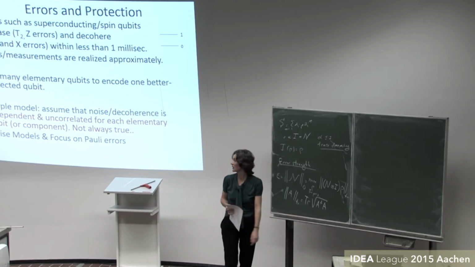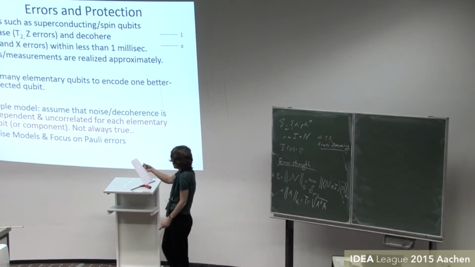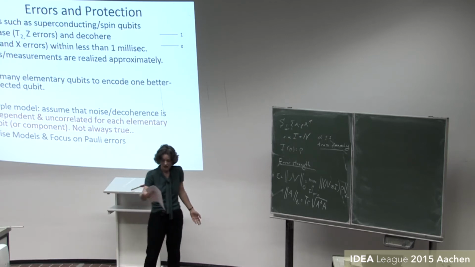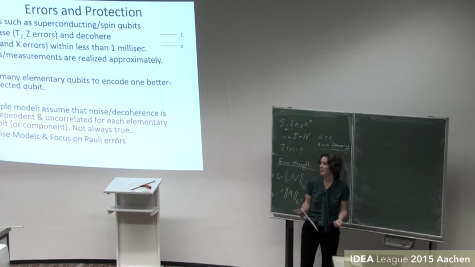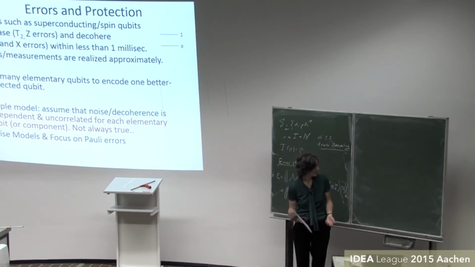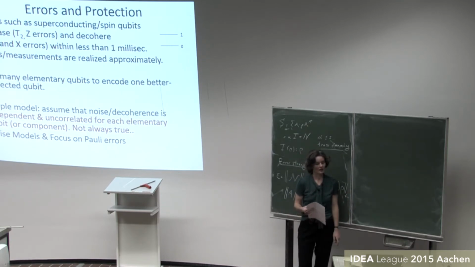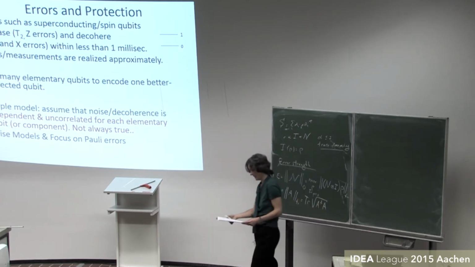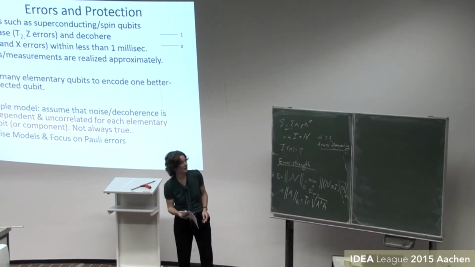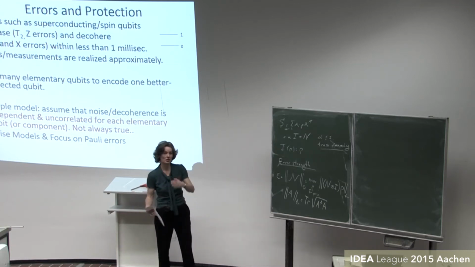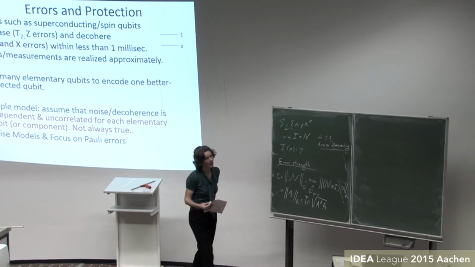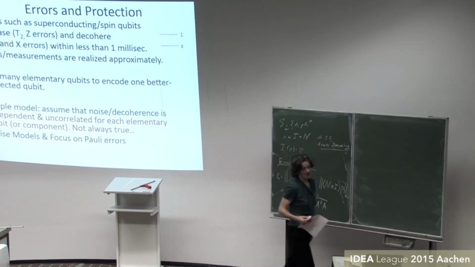What I want to say about 1 over f noise is it's kind of an incomplete story. I can say a few things about it, but I don't think anybody has taken this into account in a very rigorous fashion. The problem with 1 over f noise is that it's very non-Markovian. It's slowly fluctuating parameters.